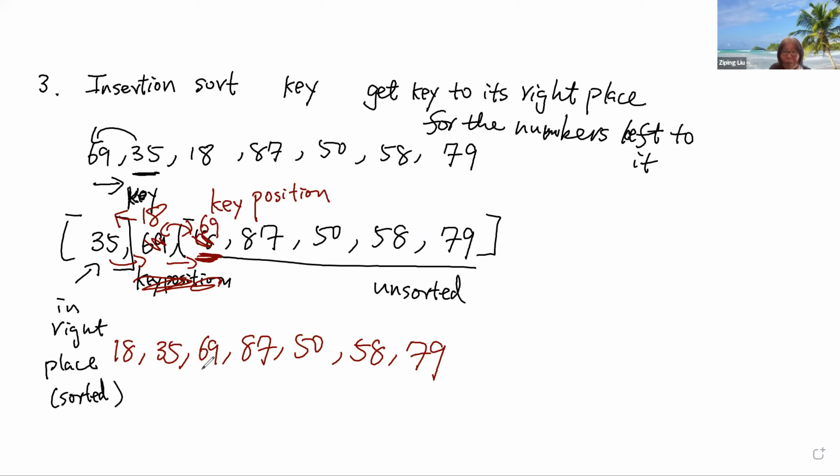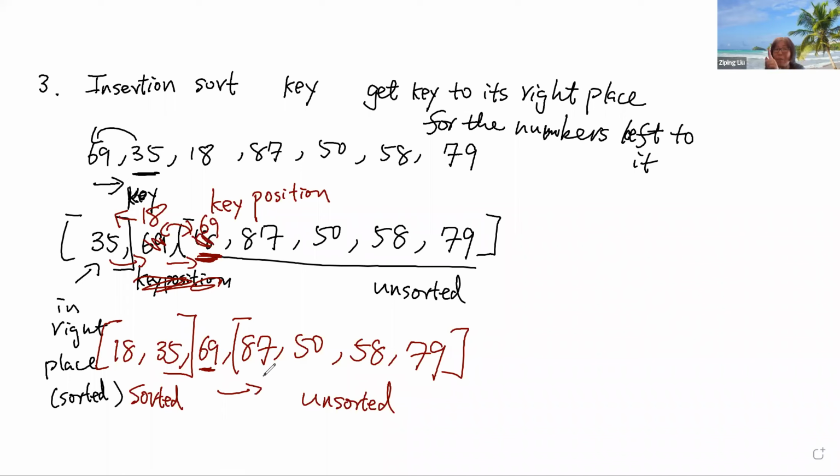So this is the current key. To its left, all of the numbers are already sorted, and to its right, it's unsorted. You keep doing like this.